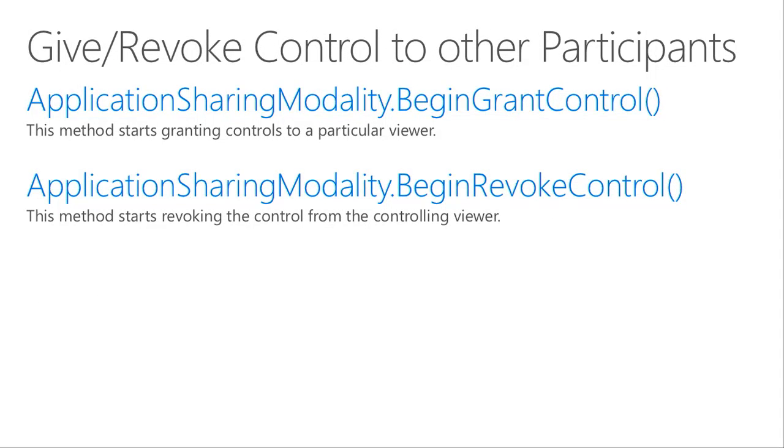To grant control to the remote participant, you can just call begin grant control, and begin revoke control to revoke the control from the remote participant.